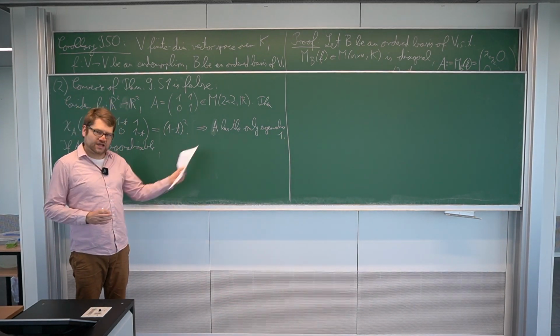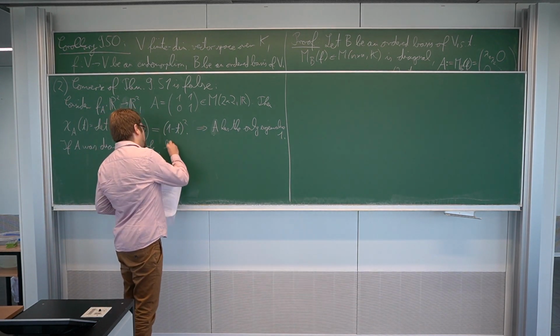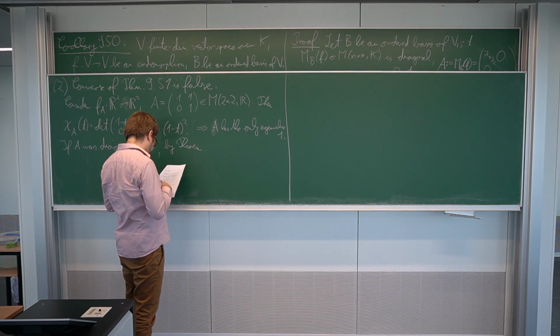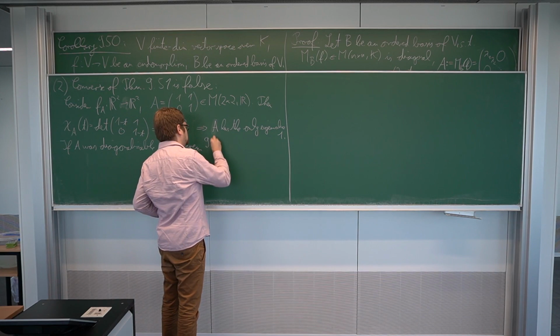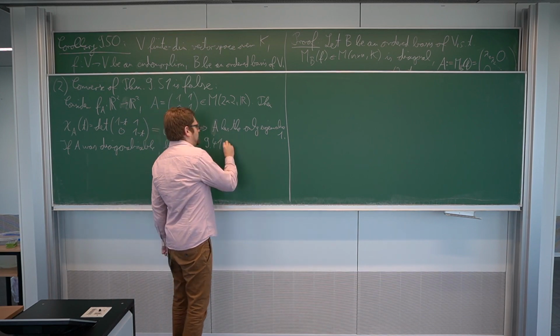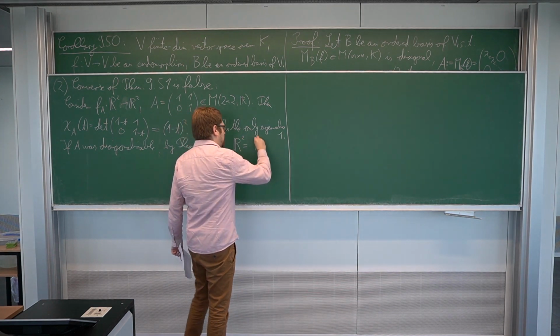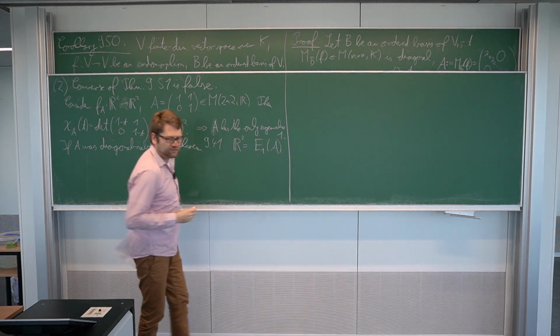And we only have one eigenspace because we only have one eigenvalue. So we would need that R2 must be the eigenspace to the eigenvalue 1.